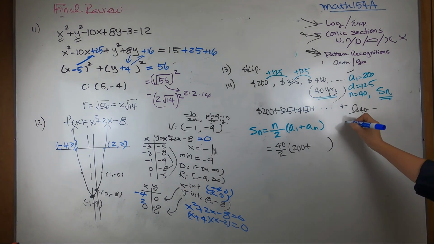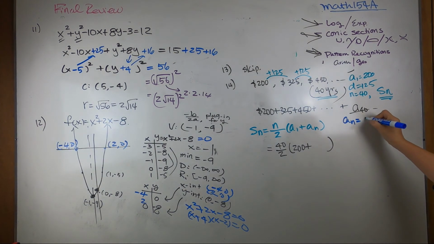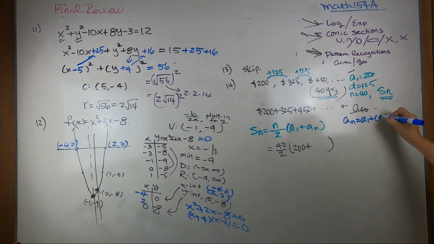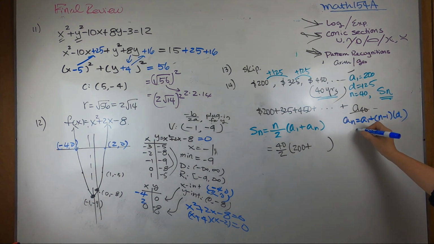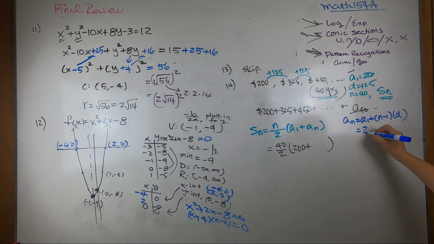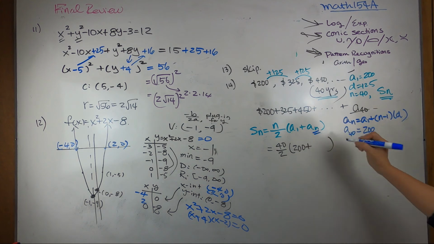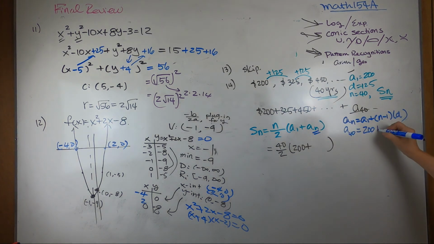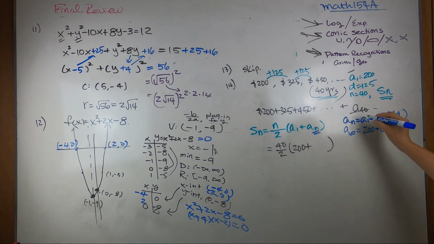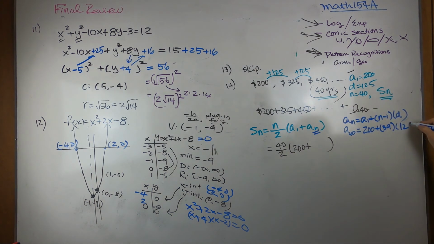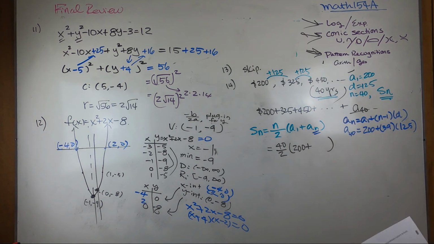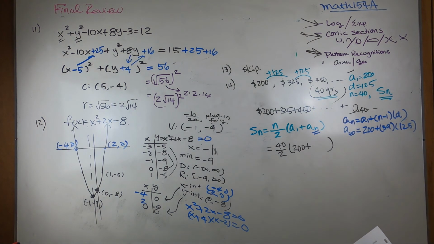Then what is an? An is a1 plus n minus 1 times d, right? A40, so a1 is 200, that's a40, right? So plus 40 minus 1 times 39, d is 125. So you have to do that first, okay?